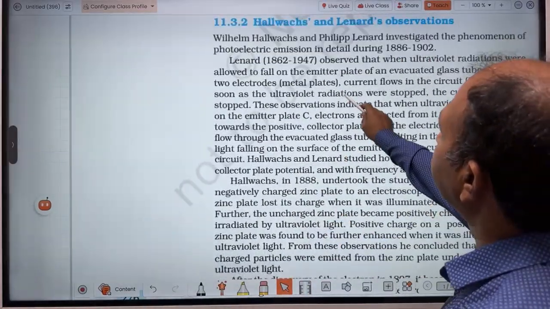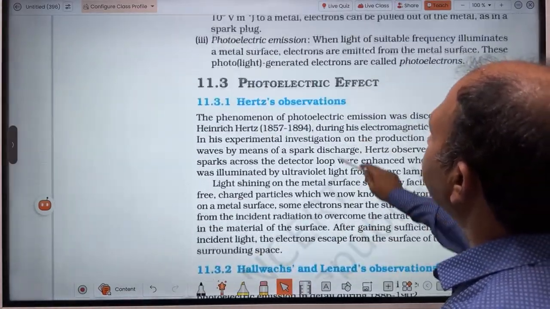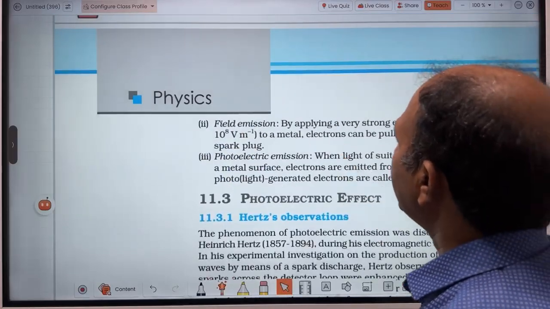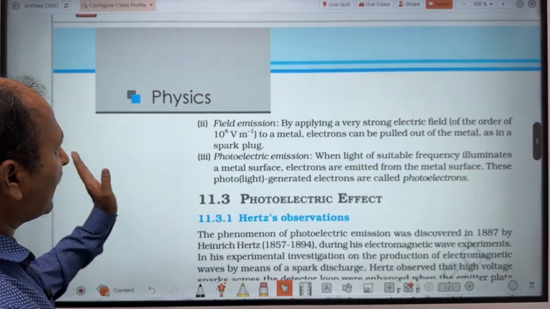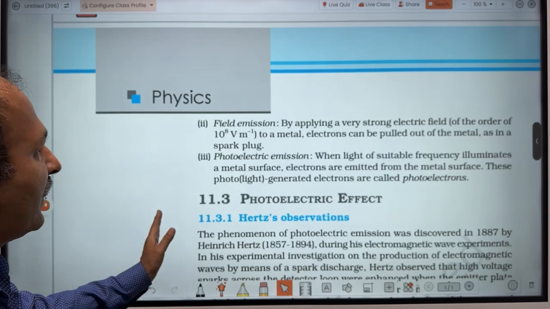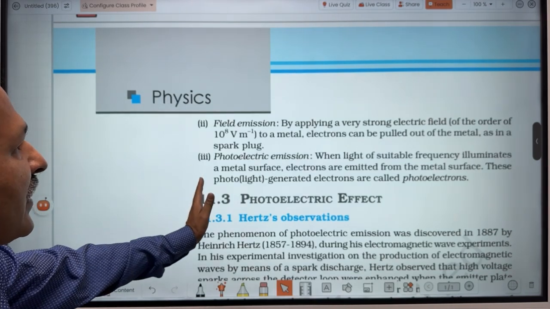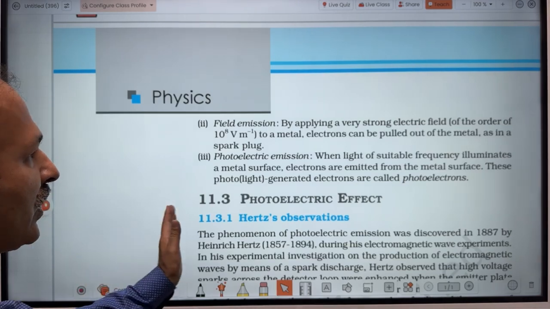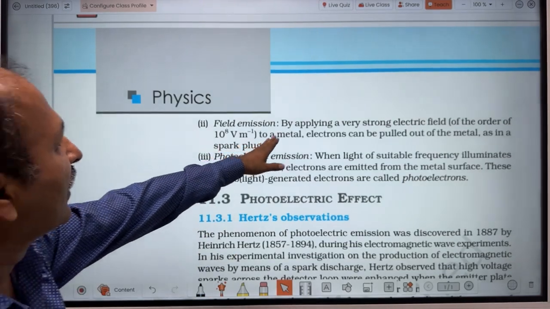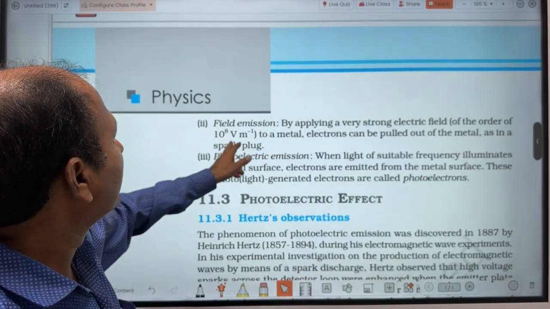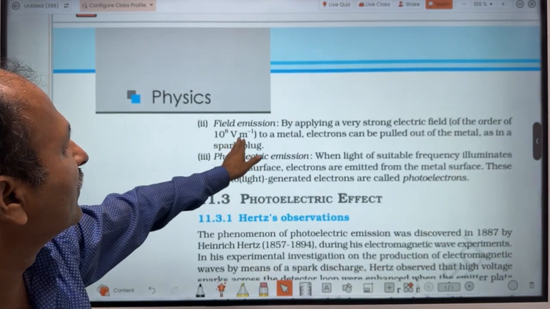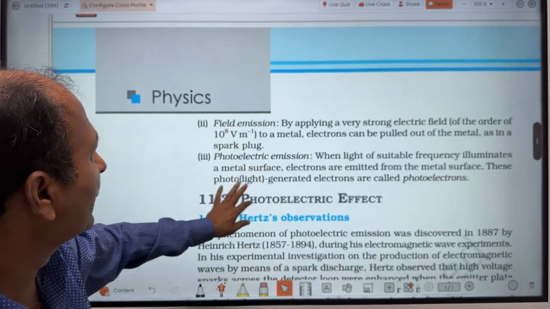Second type of emission is field emission. It means an electric field is applied, and due to that strong field, electrons will experience a force and hence they will be pulled out from the metal surface. Here the value of the electric field is 10 power 8 volt per meter, which is a typical value.